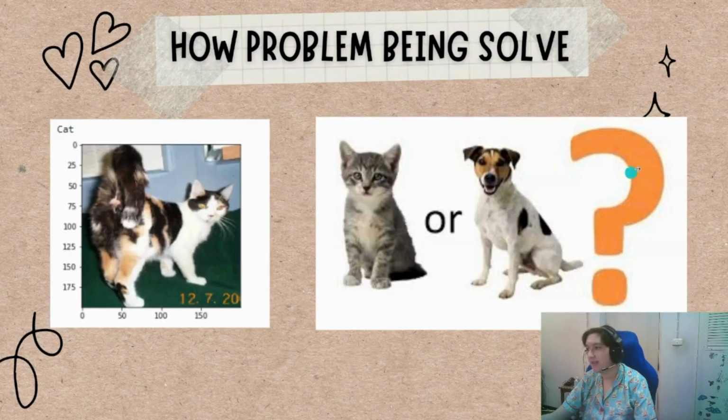The final topic that I want to talk about is how our app solves the problem. First, we trained using a dataset of cat, dog, and snake images, with 1,000 images each.